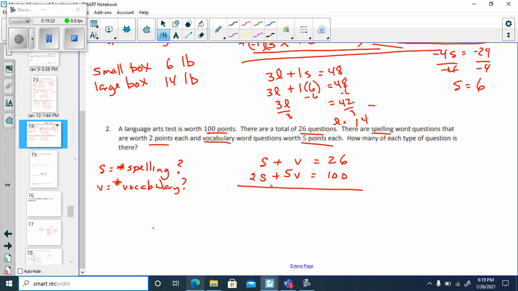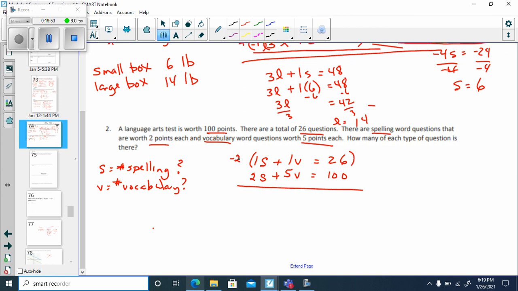We want each type of question. We need to eliminate one of these variables. It does not matter which one right now because we need both the number of spelling questions and the number of vocabulary questions. I know if there's nothing in front of the variable, the coefficient is 1. So let's see what we can get rid of here. I've got a 1 and a 2 here. I need this to be a -2 if I want to get rid of the spelling ones, right?